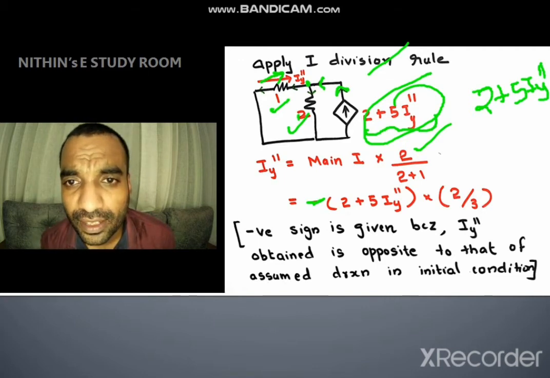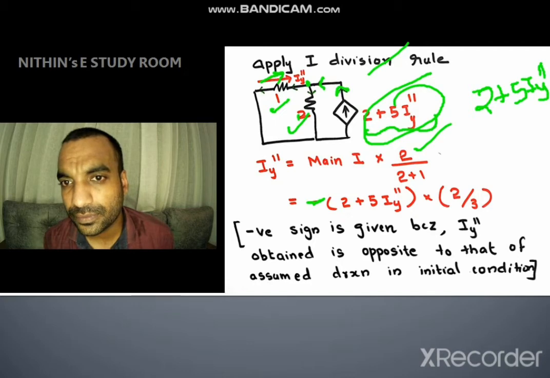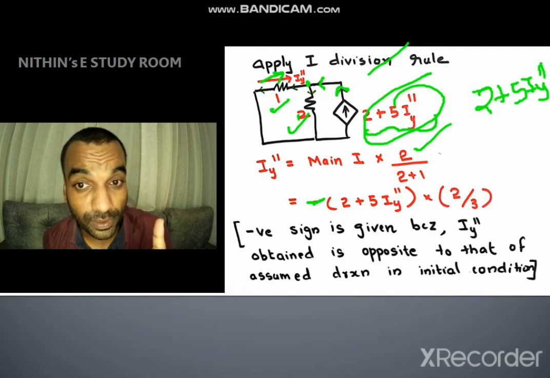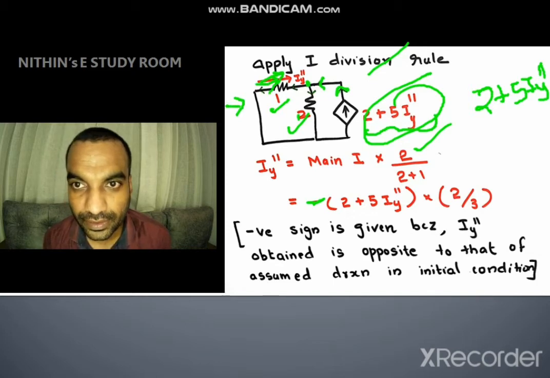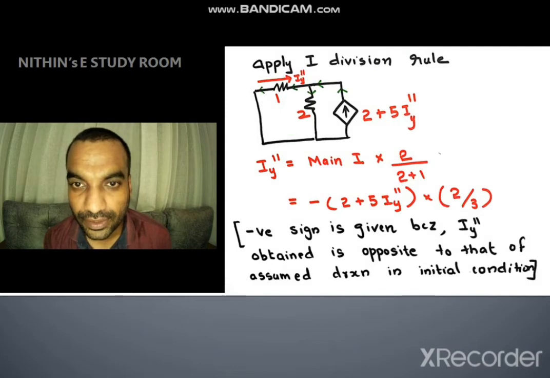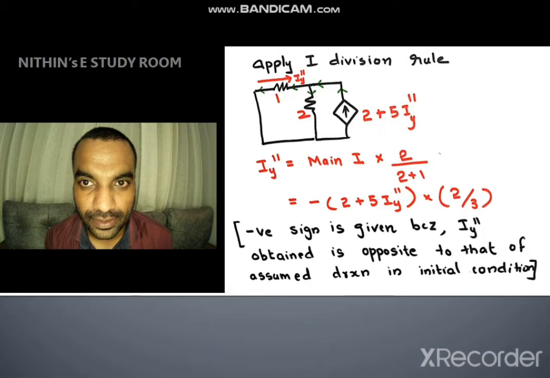Because this is an important point: the direction of Iy we assumed in the problem in the first circuit was like this. Now you can see easily the direction of Iy was like this, drawn in red color.